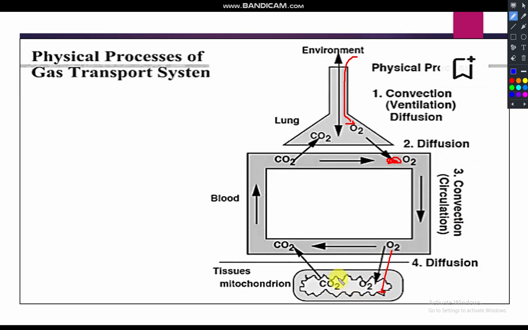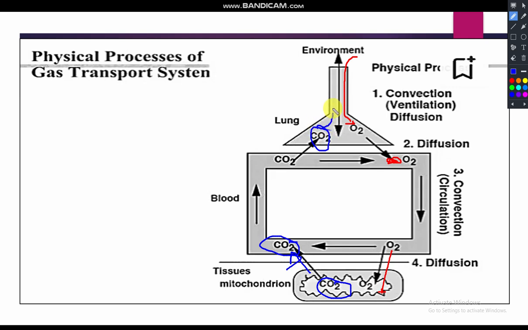Conversely, carbon dioxide, which is already in the tissue, would diffuse out of the tissue to where? To the blood. And from the blood, the carbon dioxide is transported to where? To the lungs. Good. From the lungs, what happens?